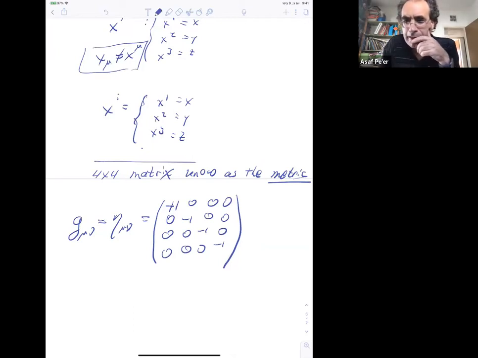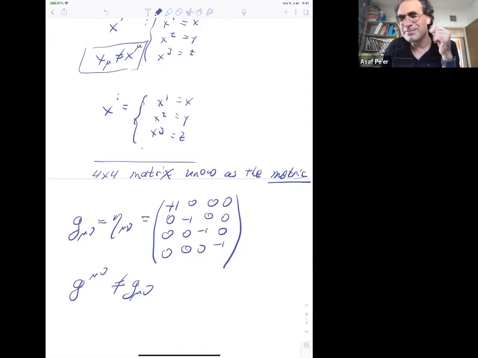Now, again, these are two lower indices, one after the other. This is not the same as this. Well, actually, in this case it is, but don't do it. Don't play with indices.